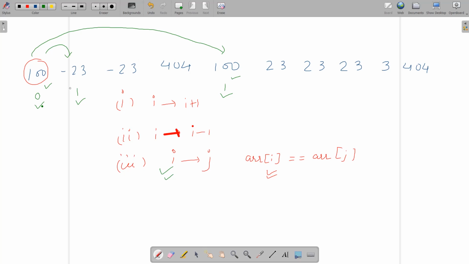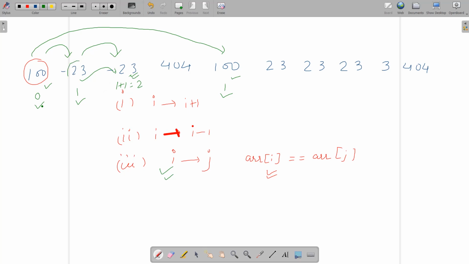I will use this position, where the minimum value is 1, and check whether this position is visited or not. This is not yet visited, so the minimum number of jumps required to reach this position would be 1 plus 1, exactly equal to 2, that is a jump from this one to this one.